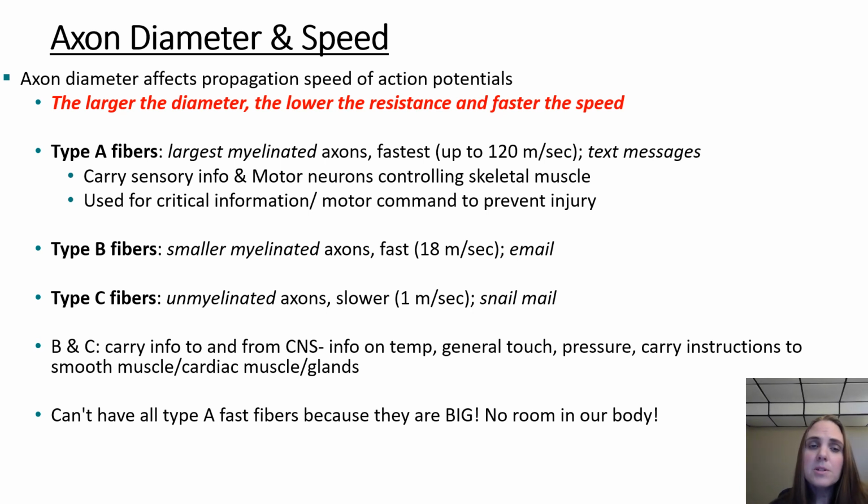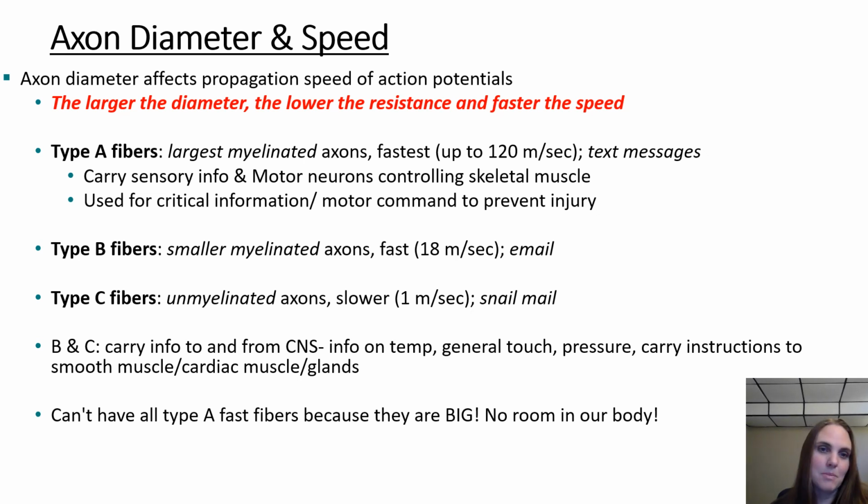Type B fibers are also myelinated, but they are a smaller diameter, so they have a little more resistance, so they're not quite as fast as the type A. These travel about 18 meters per second, so they're considered the email type of neuron. And then we have type C fibers, which are unmyelinated, so they're going to have to go through continuous propagation, which makes them slower, about 1 meter per second.